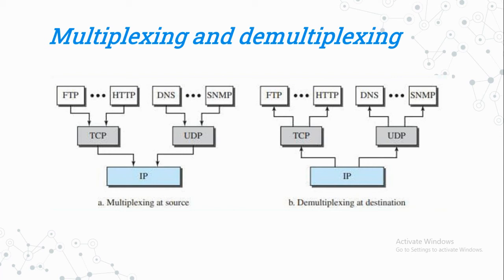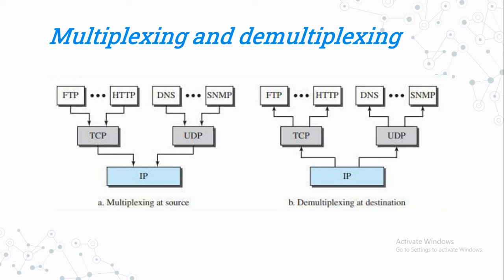So in figure A, multiplexing is done at the source host. The first layer is the application layer. It has protocols such as FTP, HTTP, SMTP, SNMP, DNS, and so on. Some protocols use TCP and some protocols use UDP in the transport layer.